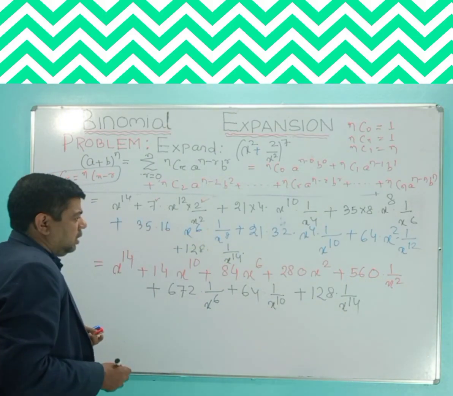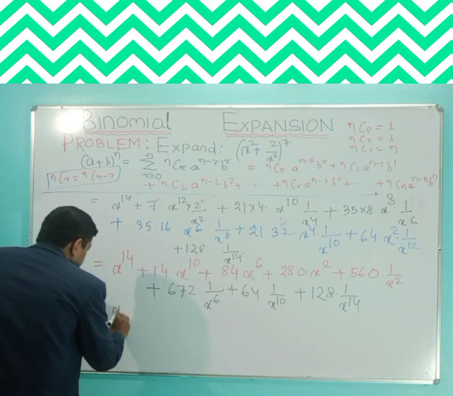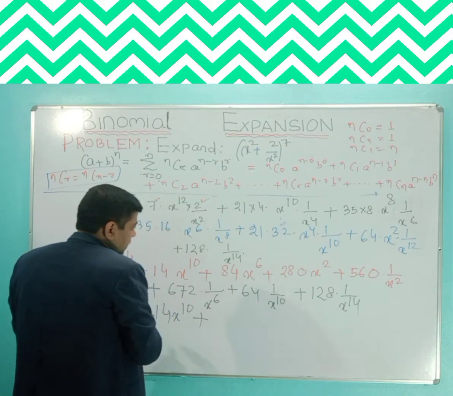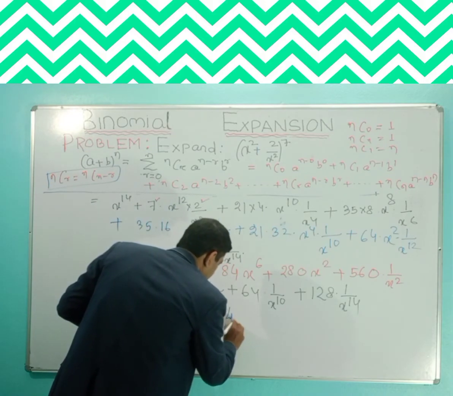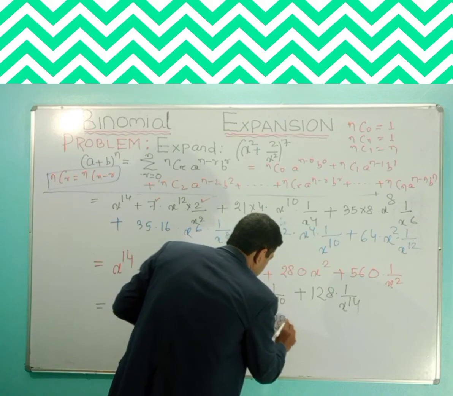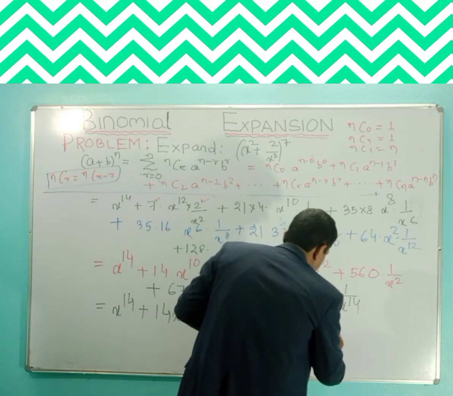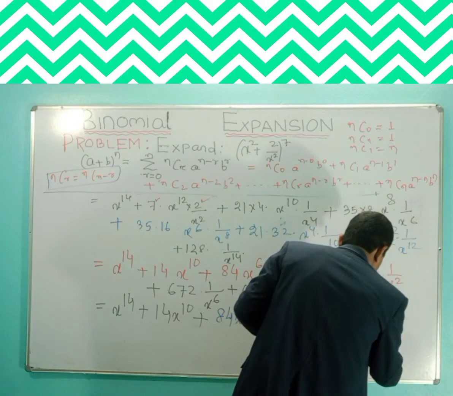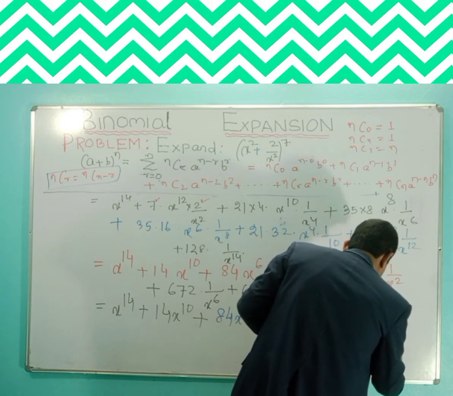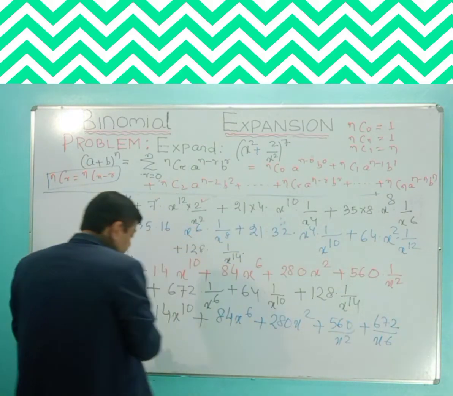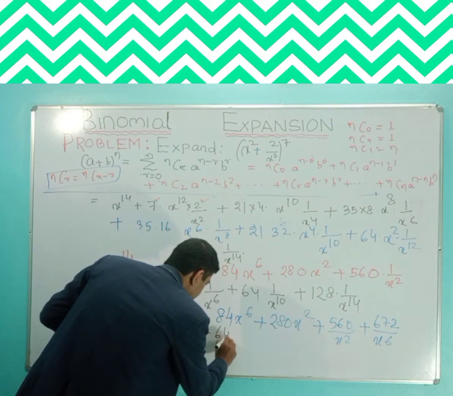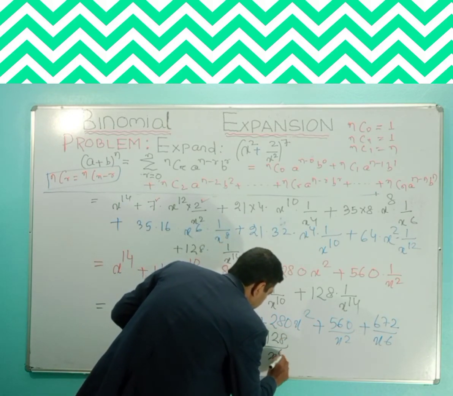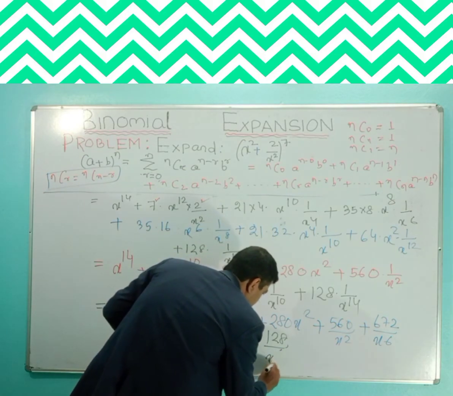And this is the once again we can modify here, x to the power 14 plus 14 into x to the power 10 plus 84 x to the power 6 plus 280 x square plus 560 upon x square plus 672 upon x to the power 6 plus 64 divided by x to the power 10 plus 128 upon x to the power 14.